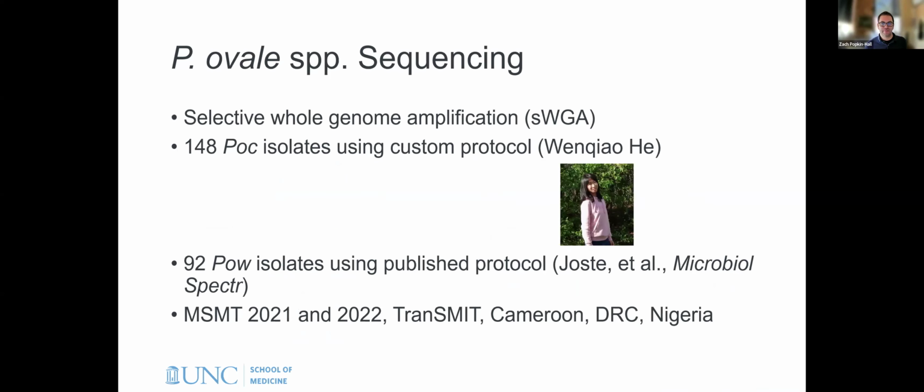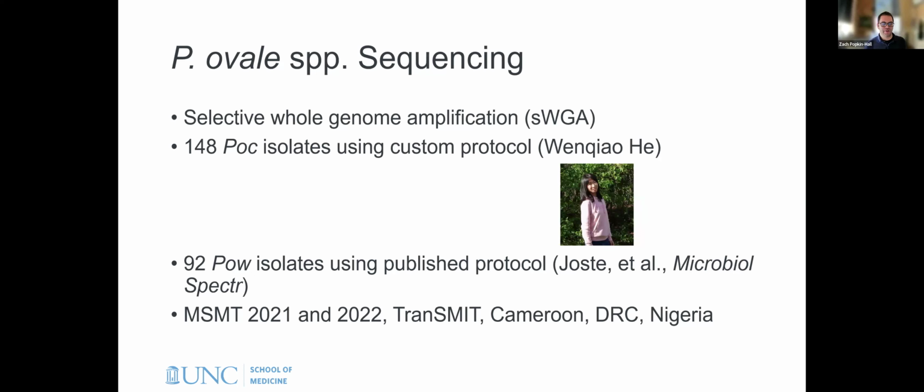So one final thing that I'll talk about just very briefly is that we're now working on sequencing of P. ovale from these same studies using selective whole genome amplification, or SWGA. So we have 148 Curtisi isolates that we'll be processing using a custom protocol developed by another postdoc in the lab, Wenxiao He, and then 92 Wallikeri isolates that we'll be processing using a published SWGA protocol for Wallikeri.